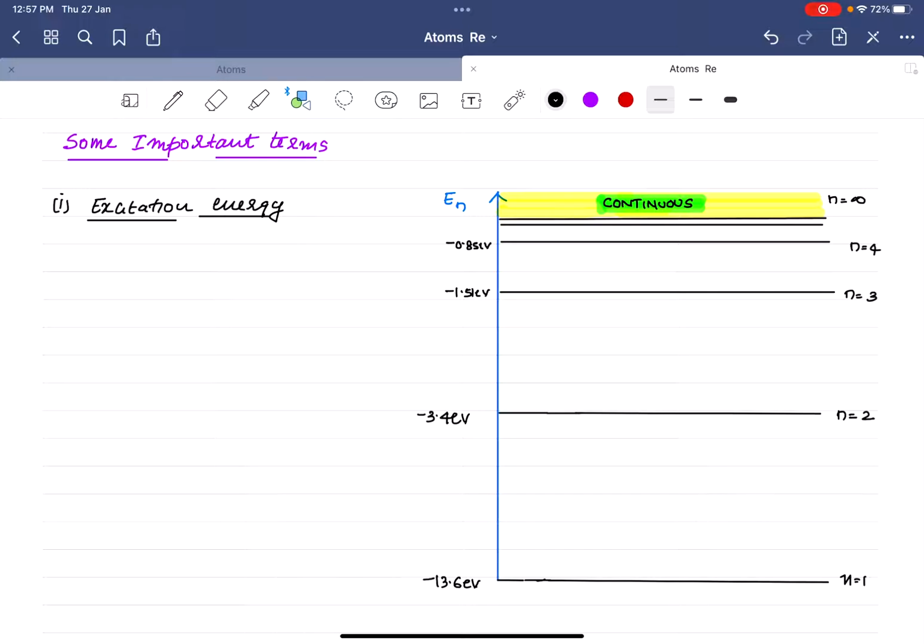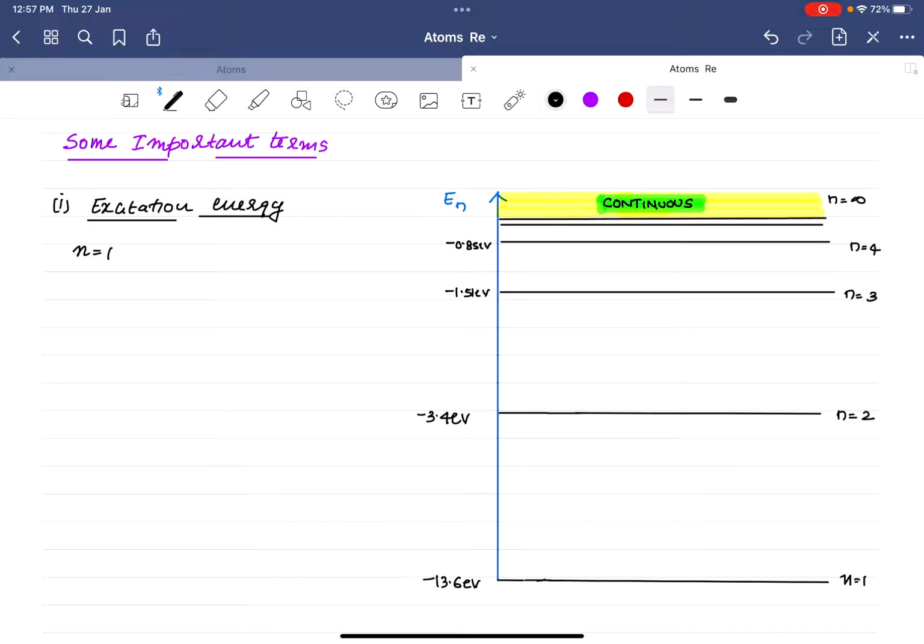Now we all know that hydrogen atom usually in their lowest energy state will be n is equal to 1 state. So hydrogen atom usually in their lowest energy state when n is equal to 1.